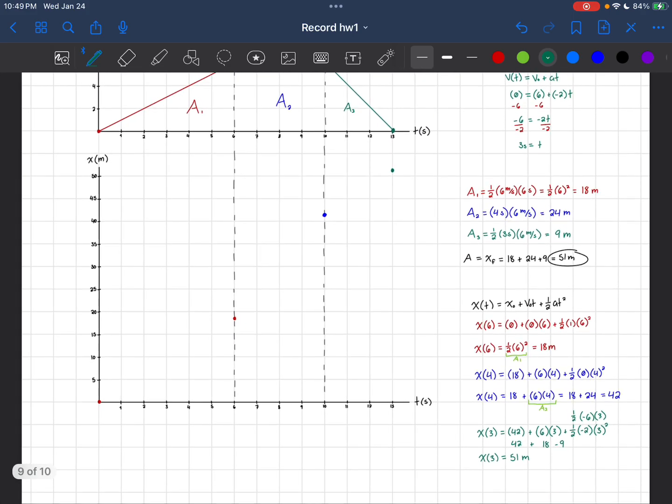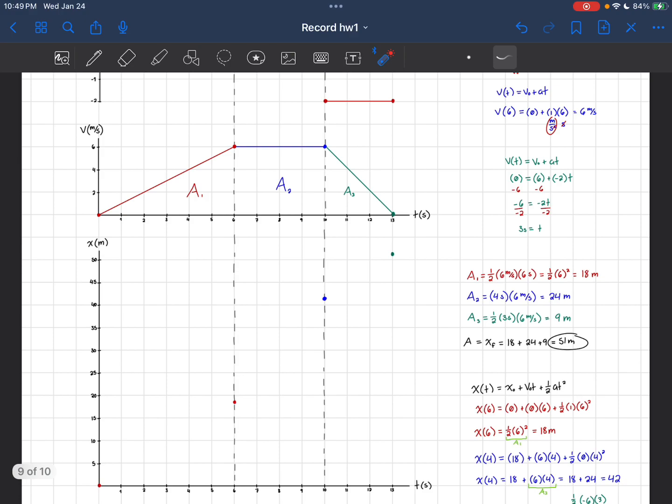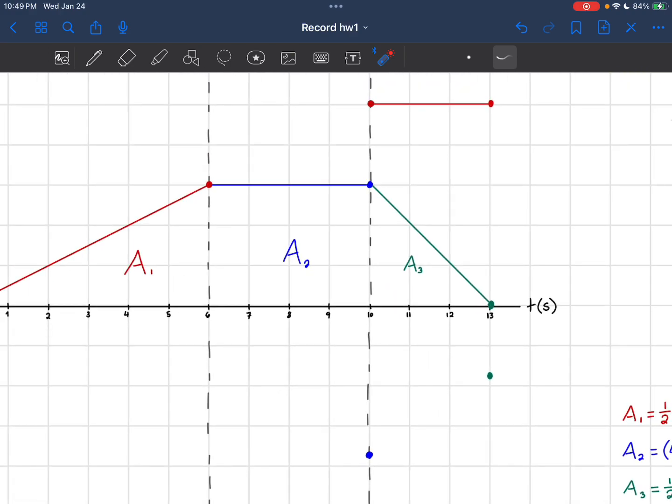All right. So now comes the hard part of connecting the dots on my position versus time graph. I want to start with the easiest section, so I'm going to pick the part with the constant velocity, right?